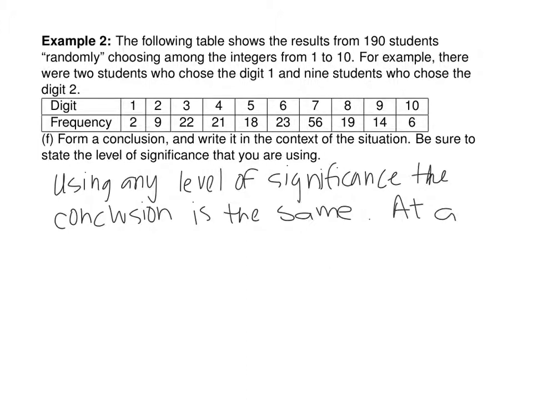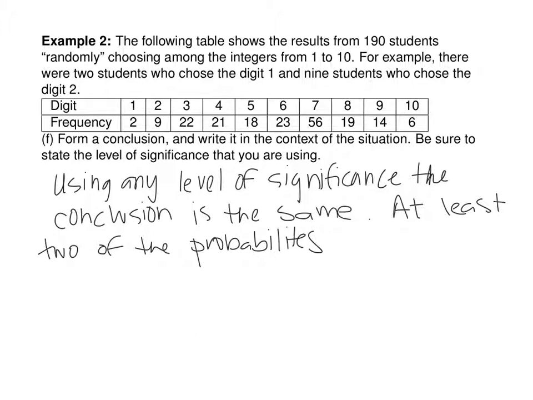So at least two of the probabilities are not 1/10. So remember that HA was that the probabilities are not all 1/10, meaning that they're not all equally likely.